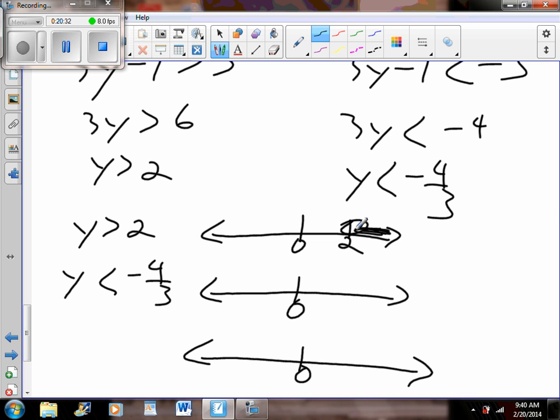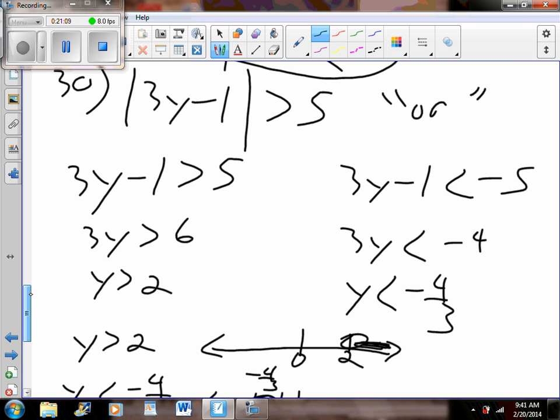It's roughly between negative 1 and negative 2, so we make a little slash right there. Make an open circle around where negative 4/3 would be, and we want all the values less than that, which means we heavily shade to the left. So we want the union of solution sets, which means points on either graph would make the equation true.